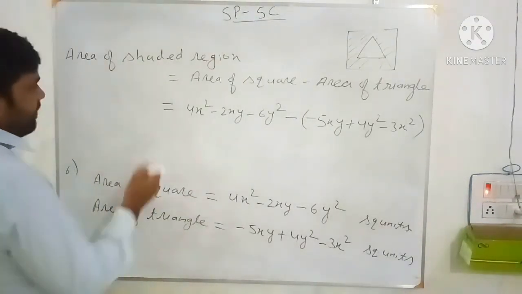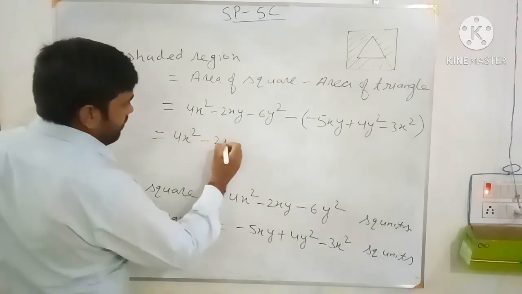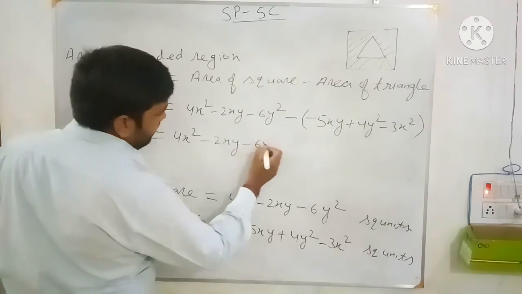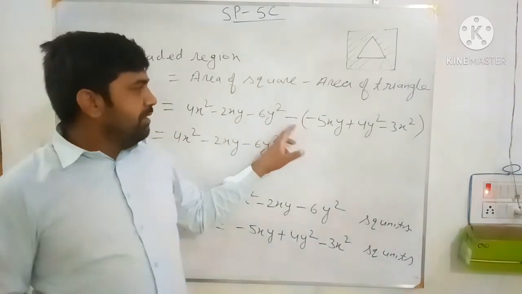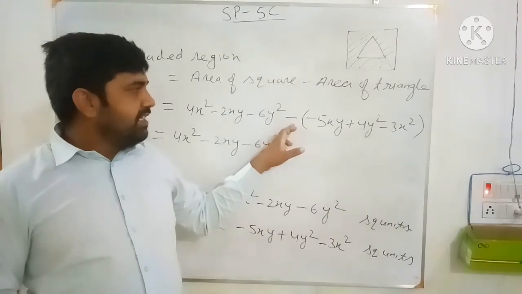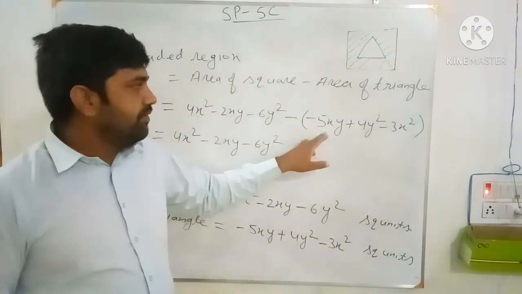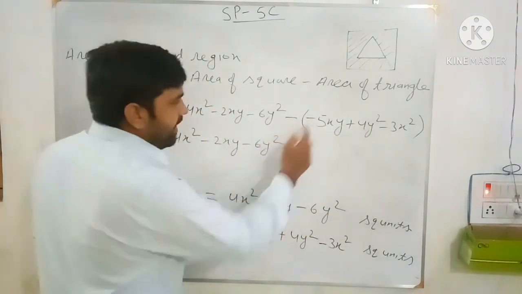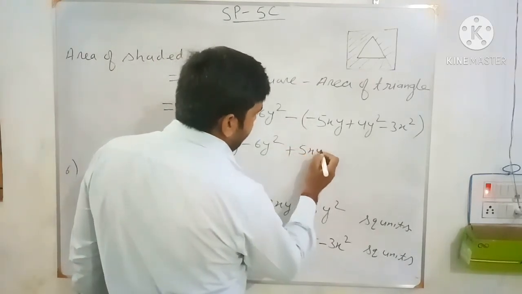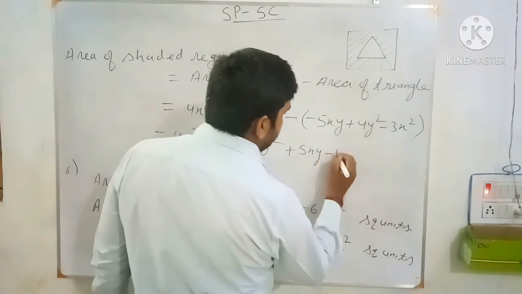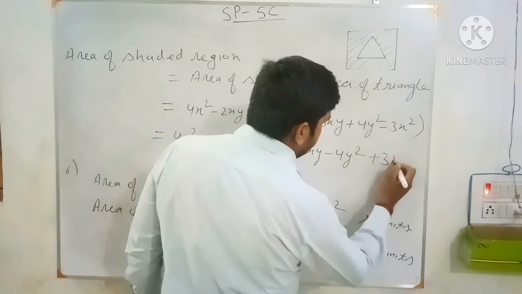Now we will open the bracket and solve it. See what we get. 4x square minus 2xy. Now here when we open this bracket, because before the bracket there is a minus sign, this minus sign, when it will be multiplied with each term of the bracket, it will change the sign of each term of this bracket. So minus minus plus 5xy, minus plus minus 4y square, now minus minus plus 3x square.